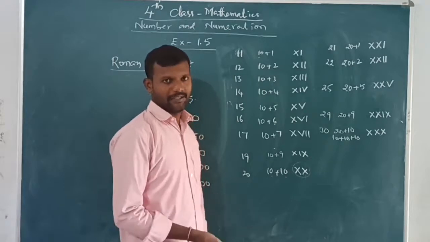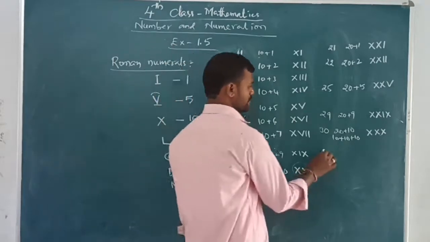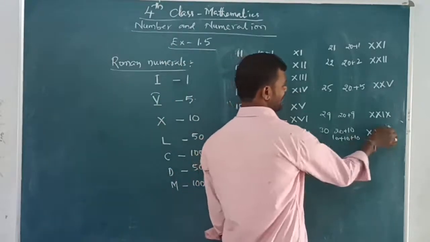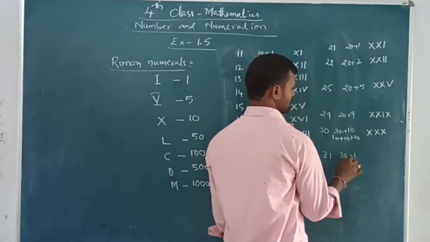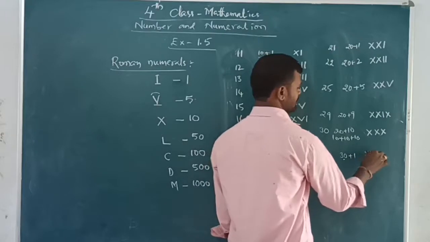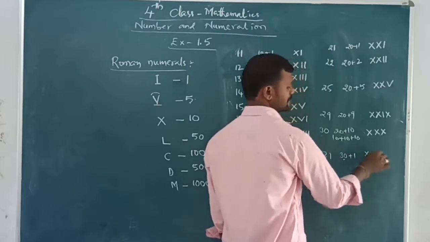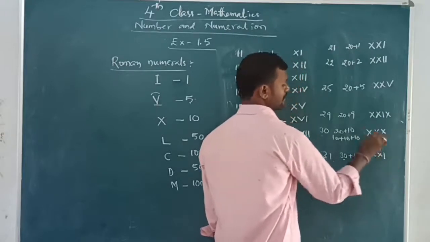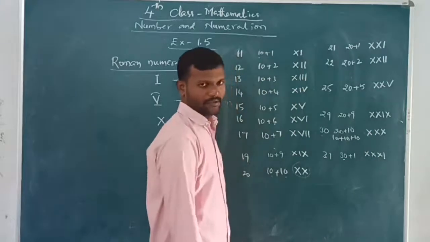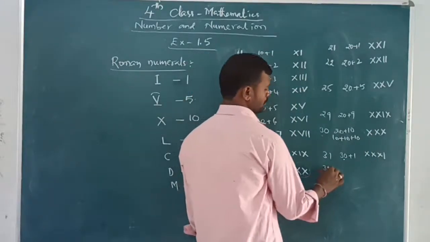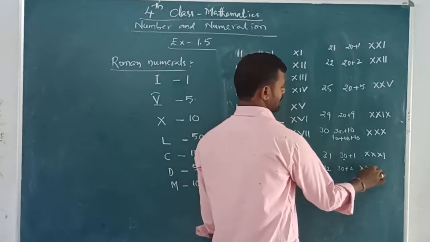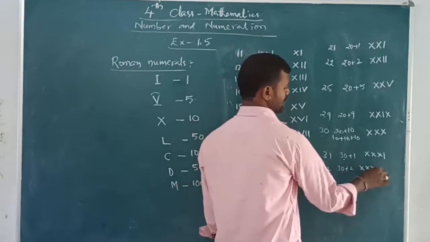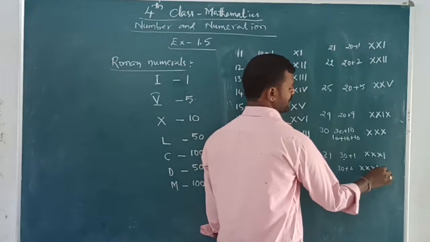Okay. 31. 31 means 30 plus 1. 30 means XXX. This is 30. And 1 means I. Next 32. 32 means 30 plus 2. XXX, this is 30. Plus how much? 2. 2 means 2 lines.